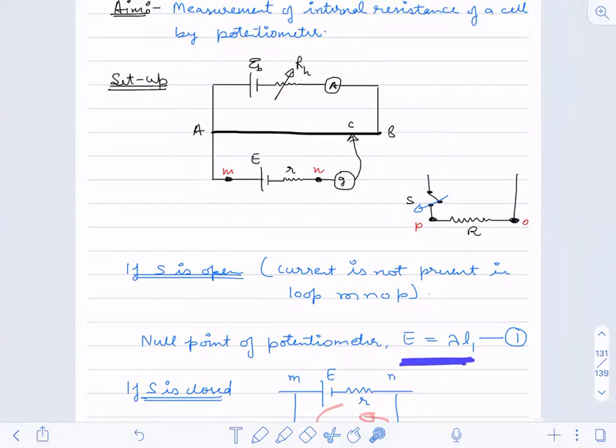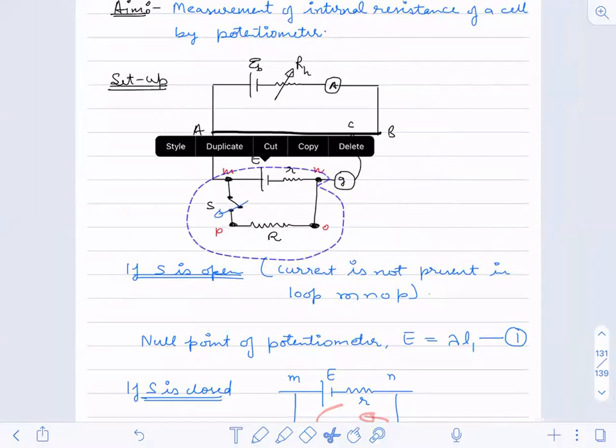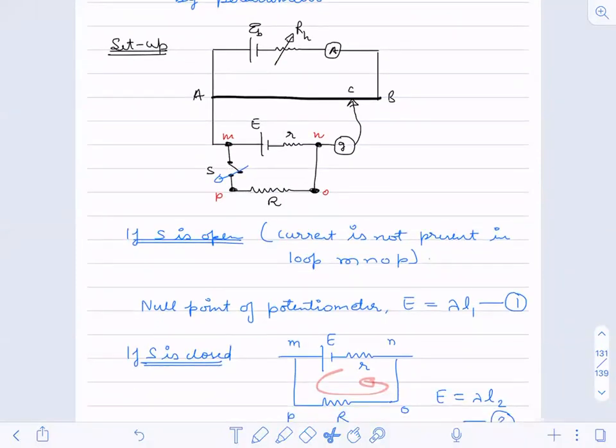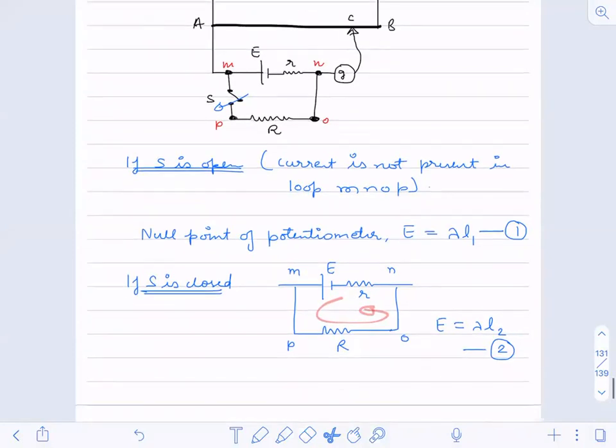Lambda L1. So E will be written as lambda L1. Now when I connect it like this, the balancing length will definitely change, because you have connected a resistor. External resistor R is connected, so it will get down. So it is lambda L2 now. Is it clear now?